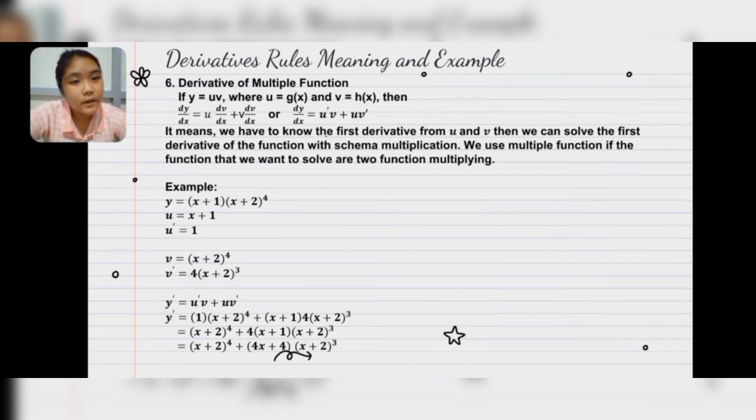So the first derivative of this function is x plus 2 to the fourth power plus 4x plus 4, and then x plus 2 to the third power.